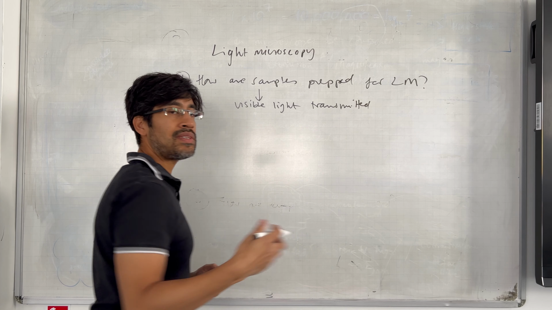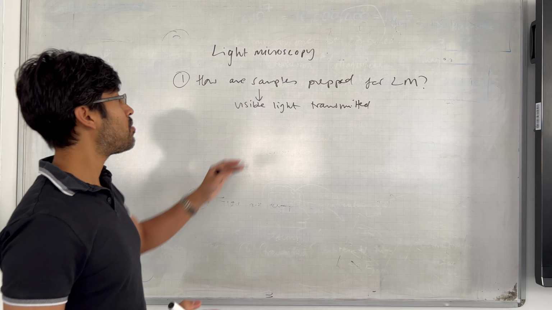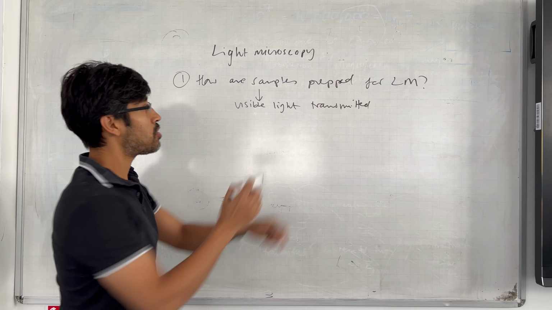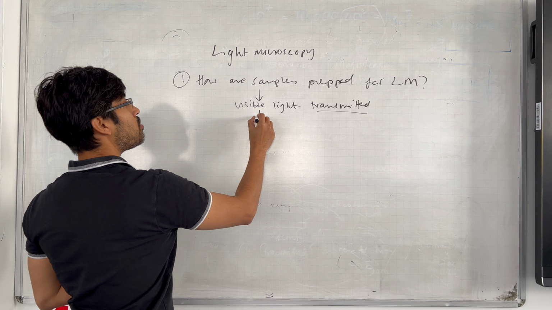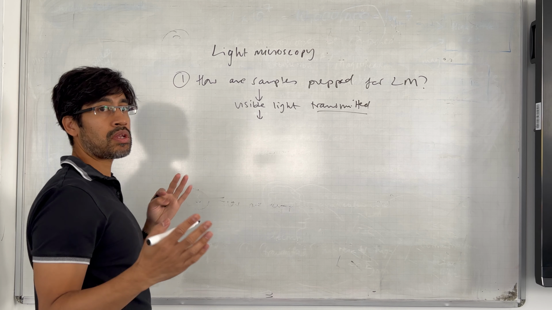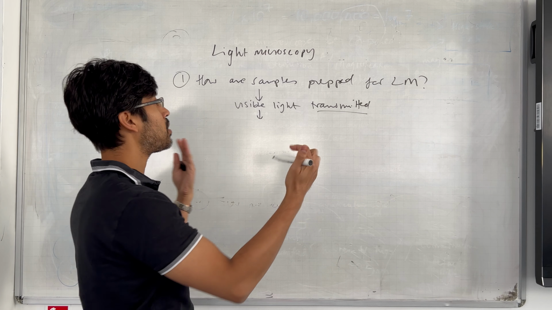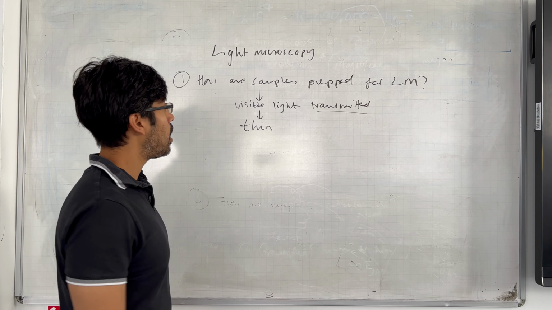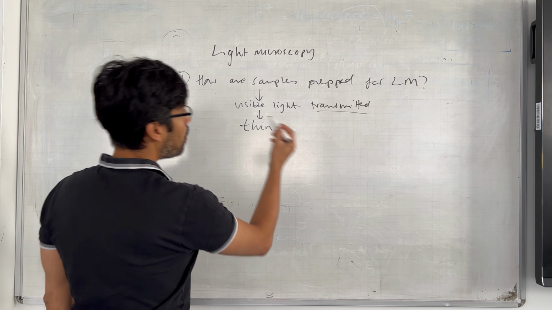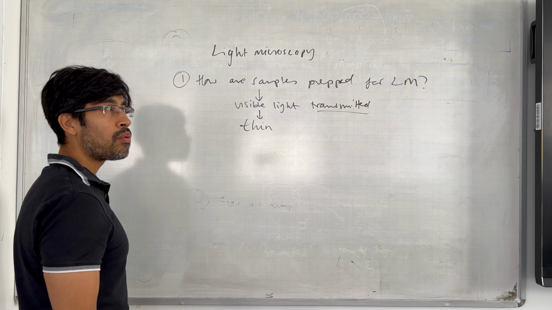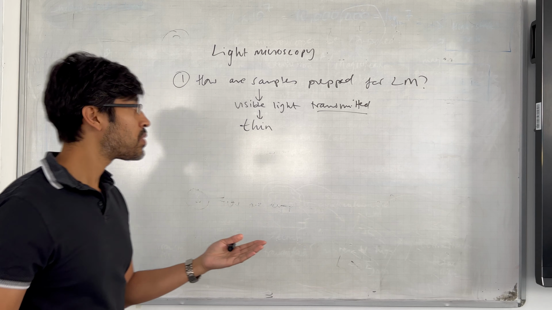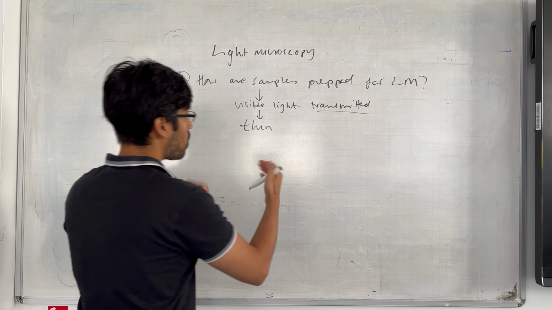So in order for us to see anything in a light microscope, it really needs to go through the sample. So because we're using transmitted visible light, it needs to go through the sample. And for it to have any chance of being able to go through the sample, it needs to be thin. Okay? But thin on its own would not be great, because if light just goes through, we won't see anything. So we do need contrast as well.